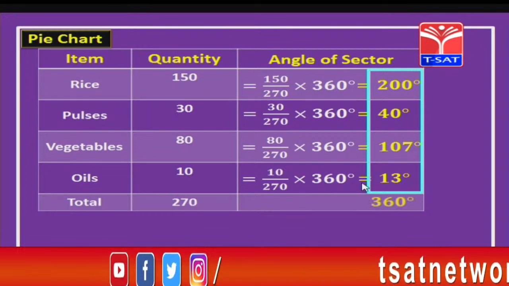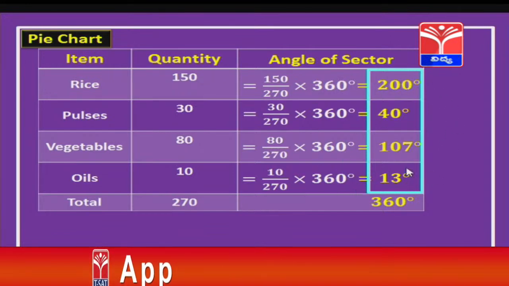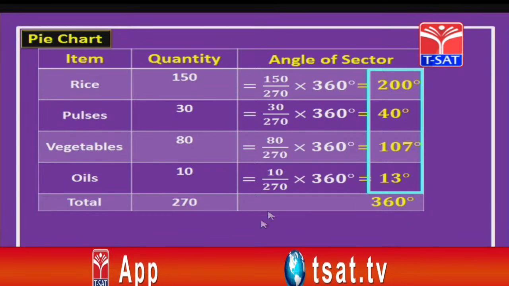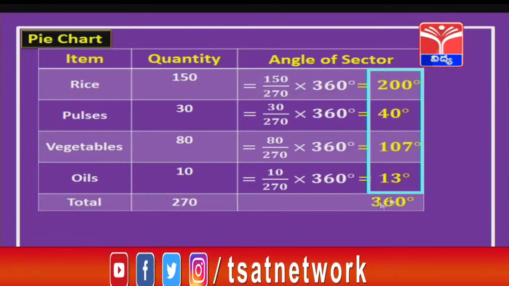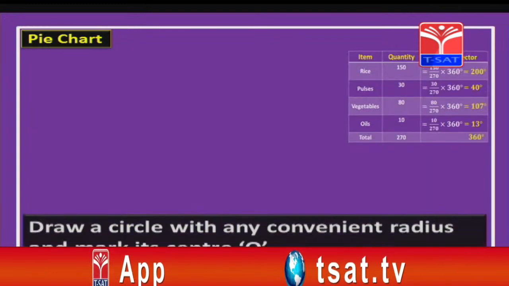That means the sum of all these angles of the sectors should be 360. Suppose you do not get this value as 360, that means you have made some simplification mistake, so you need to recheck. Okay, children. Once you have calculated the angles, always find the sum of all these angles and see that it is 360 degrees. Now, let us start drawing the pie chart.